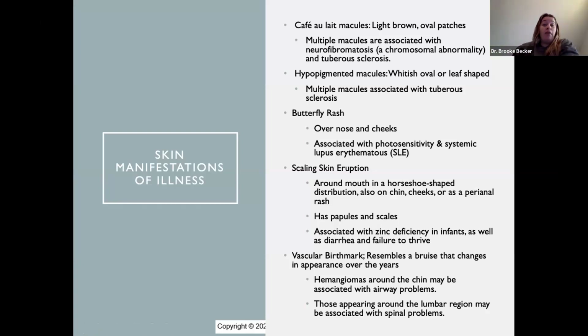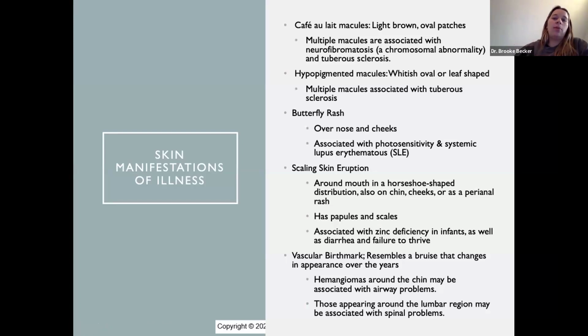Some kids will have just one, and then there's not really a huge deal about it. But if they have more than one or multiple of them, then you worry about neurofibromatosis, which is a chromosomal abnormality.